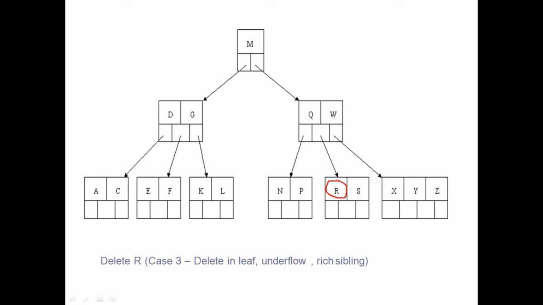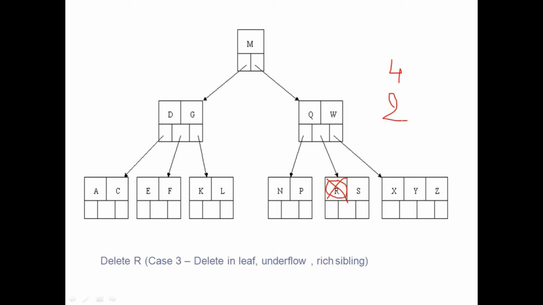Delete an element from a leaf with underflow and a rich sibling. Now after deletion of this R from the leaf node, it goes into the underflow condition, because it is an order 5 tree. For an order 5 tree, a leaf node can contain a maximum of 4 and should contain a minimum of 2 elements.